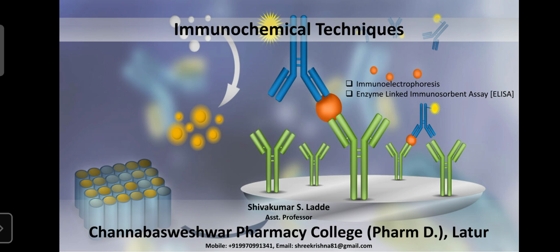Whether the therapy you have given is going the correct way or not, or whether the drug you administered is treating the disease or not, that is also concluded with the help of immunochemical techniques. In some cases, a disease occurs due to a decrease in a certain immune component.